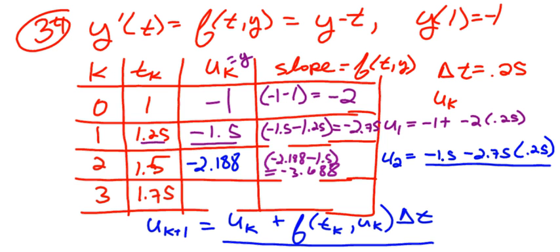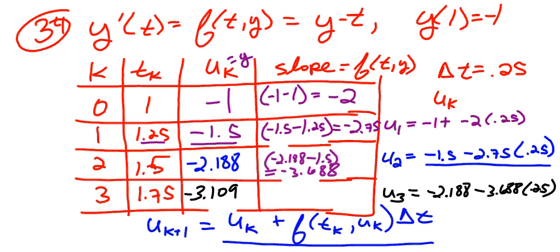Finding the next u, u sub 3 is equal to the previous u, so u sub 2, which was negative 2.188, plus the slope, which is negative 3.688, times delta t. When I plug and chug this, I should get for u sub 3 negative 3.109. And therefore, that's all they wanted us to fill in this box.